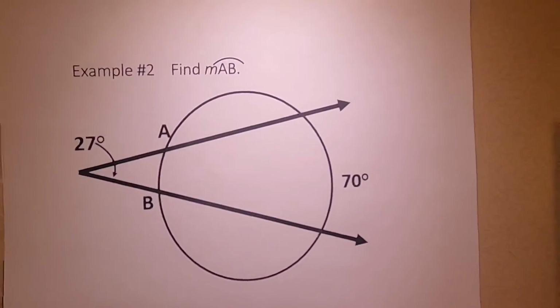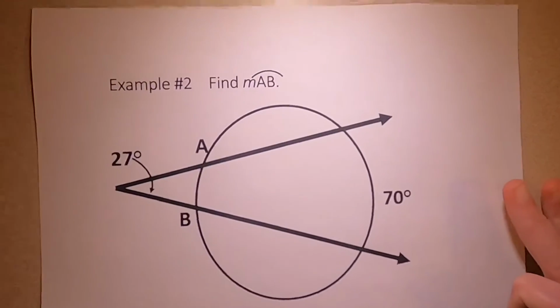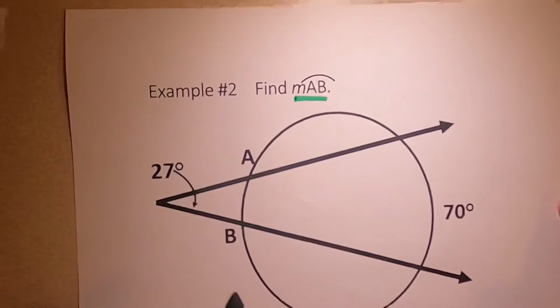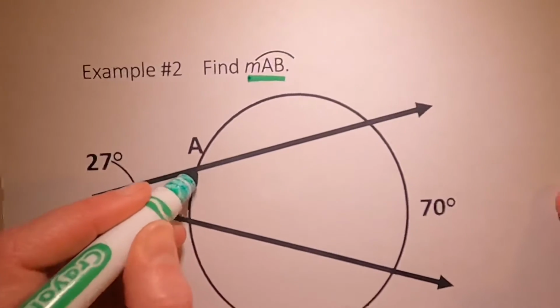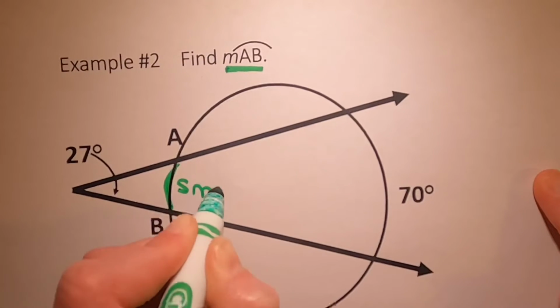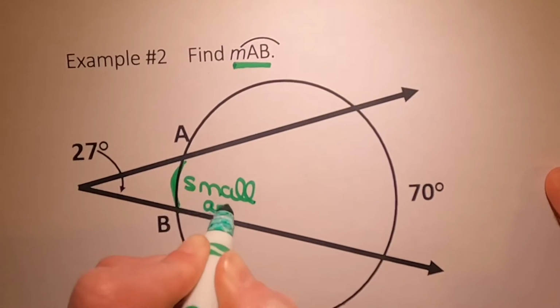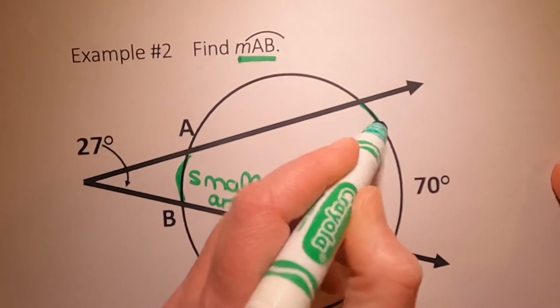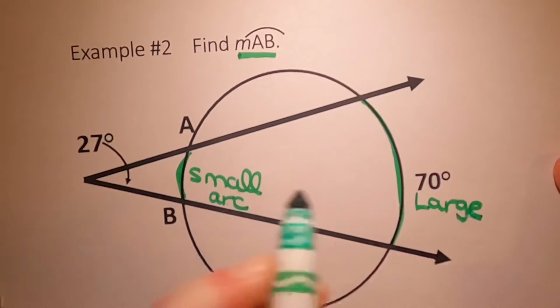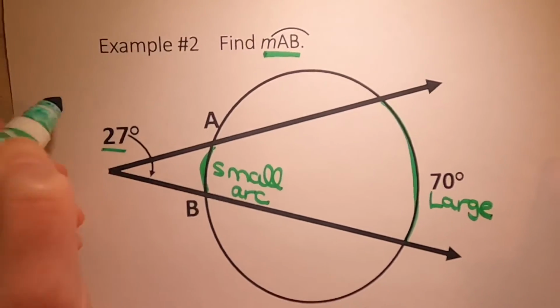For example 2, if you'll notice, they're asking us to find one of the arcs. In this case, I'm going to look at my picture. Arc AB is the smaller arc right here. So we're looking for the smaller arc. They gave us the large arc, and they gave us the angle measure.